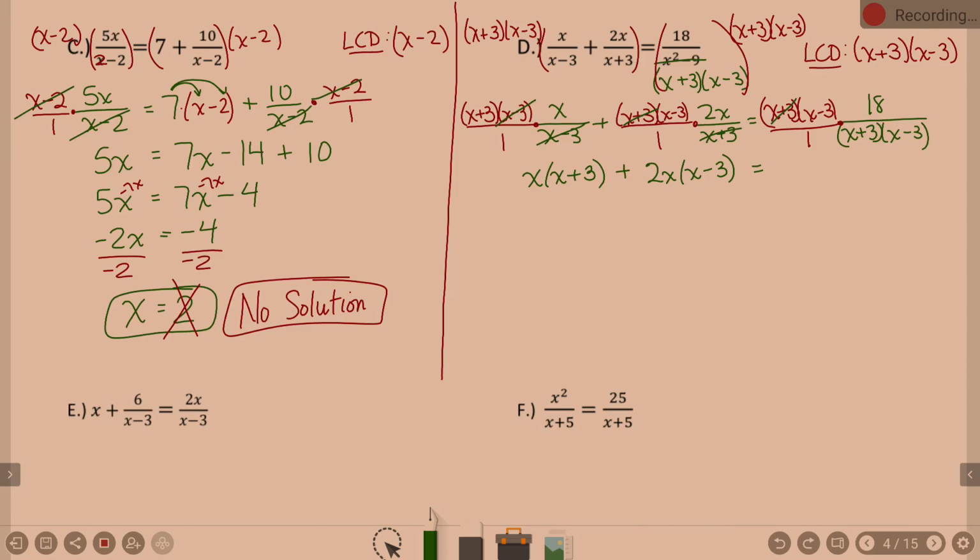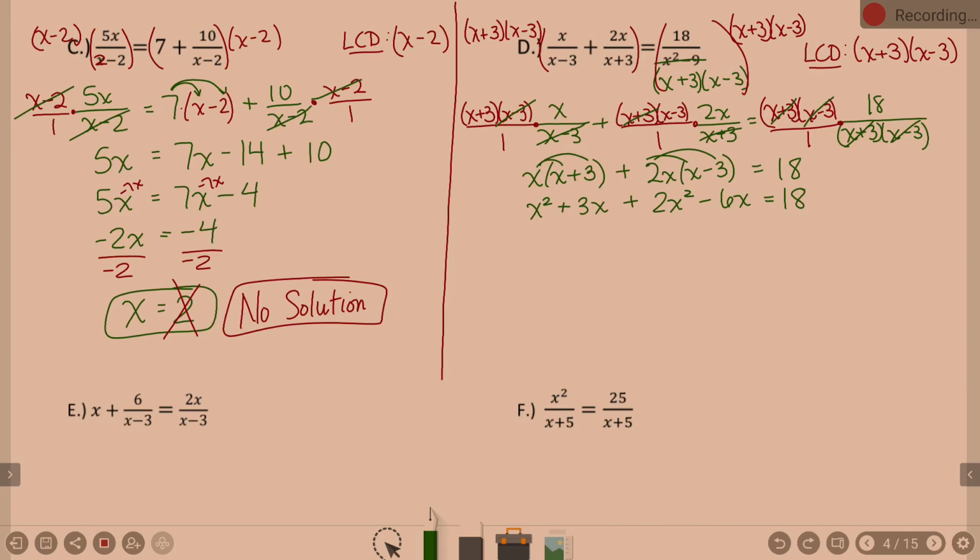Everything basically besides 18. X plus 3, x minus 3's cancel, we're left with 18. Next, I've got to distribute first. X squared plus 3x plus 2x squared minus 6x equals 18.